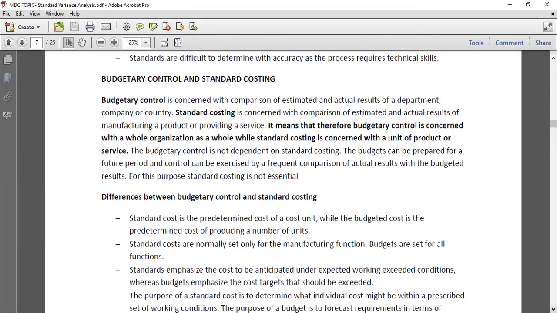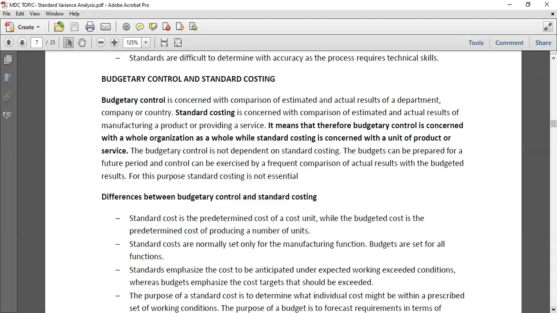So with that in mind, let's see how now budgeting and standard costing are related, okay? Like we said earlier on, standard costing looks at a single unit, okay? And then budgeting looks at the overall activity, okay? Now, when we are doing budget control, basically what we are doing is comparing our budgeted cost vis-a-vis our actual cost, getting the difference, which is the variance, okay?